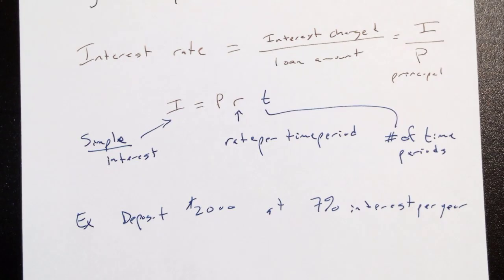How much is in the bank at the end of the year? It is January 1, ching, there goes my $2,000 into the bank. December 31st rolls around, and the bank goes, here's your interest. How much do I have?